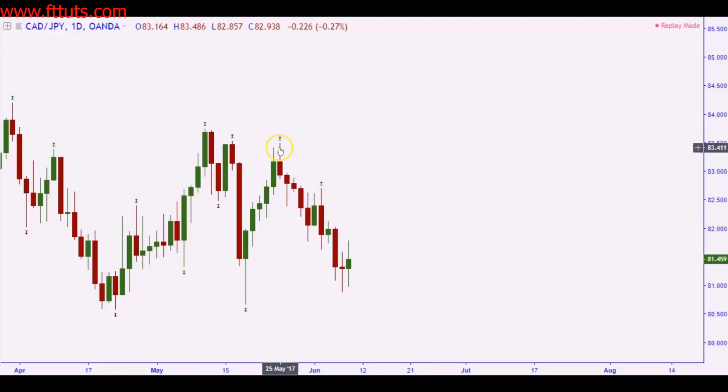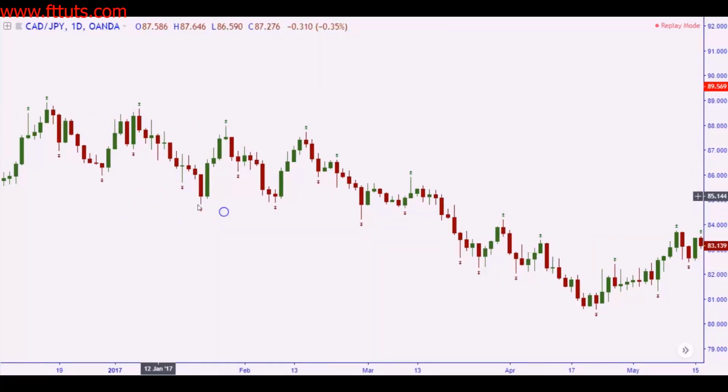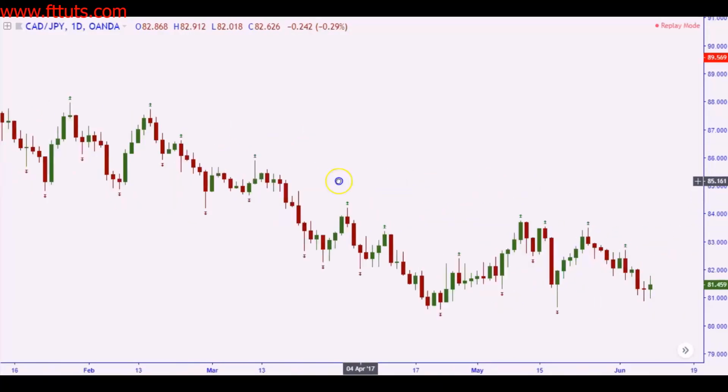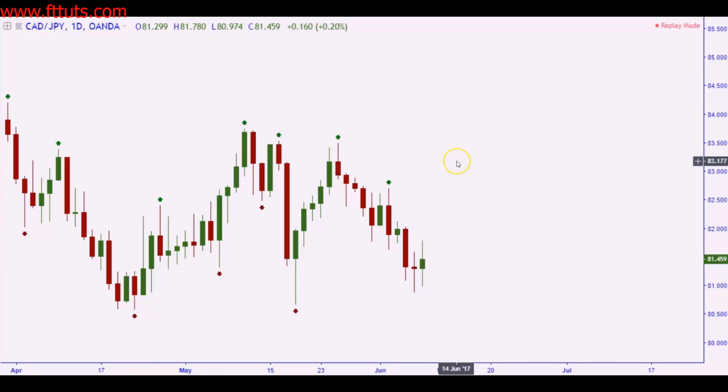You want to see it at the peak at the top. These in-between fractals that develop like this, because they're such big candles, bigger than the previous candles, are in between the trend, so you don't want to see those. I don't pay attention to those a lot. So we're going to see what the market's going to do here.